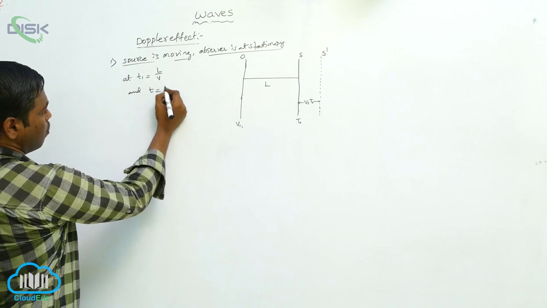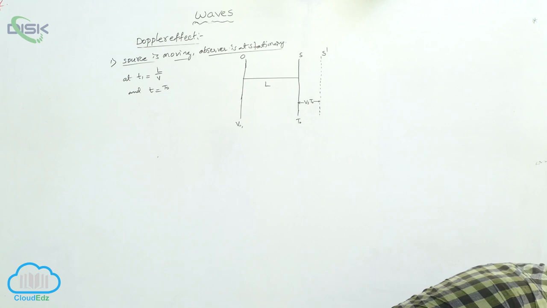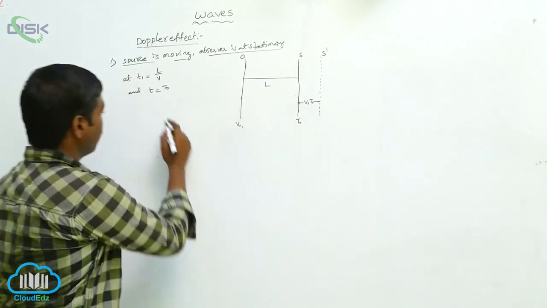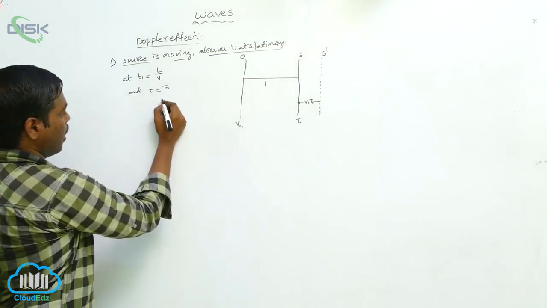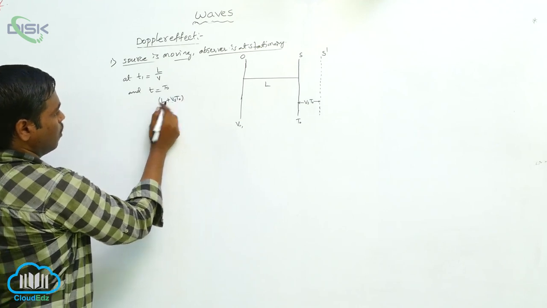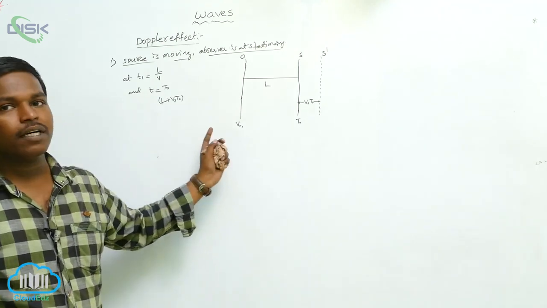After t is equal to t0, the crest travels the distance L plus Vs t0.